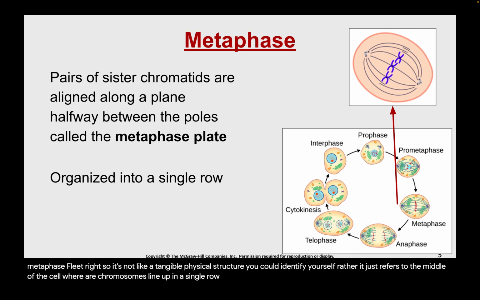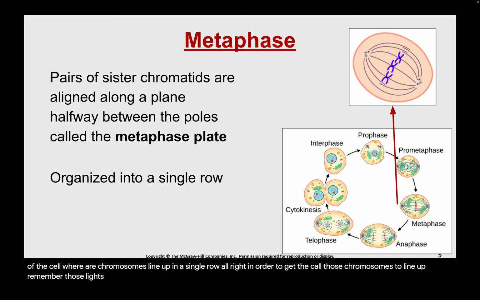All right. In order to get those chromosomes to line up, remember those microtubules, they are attached to the chromosomes. They're kind of like the puppet strings conducting the chromosomes into place, right? So they're lengthening, they're shortening, they're getting those chromosomes to line up right in the middle.